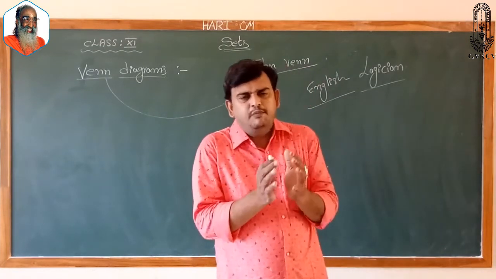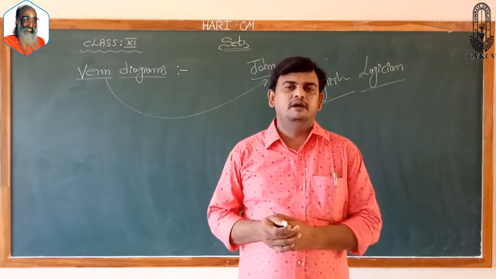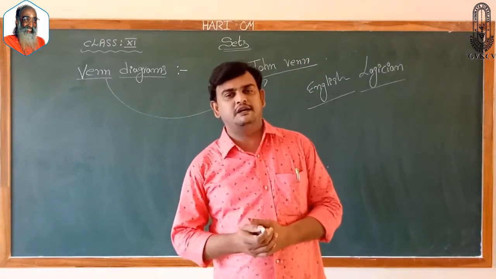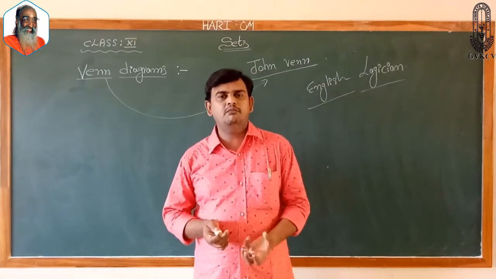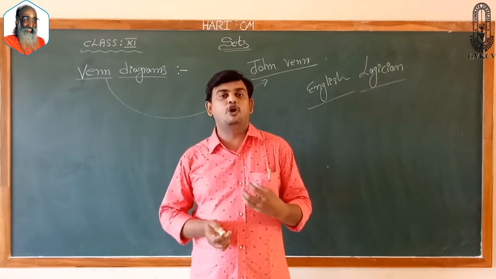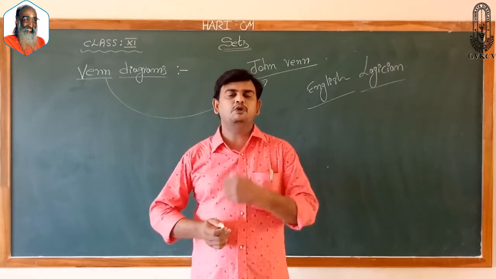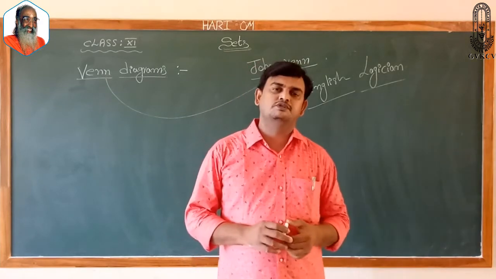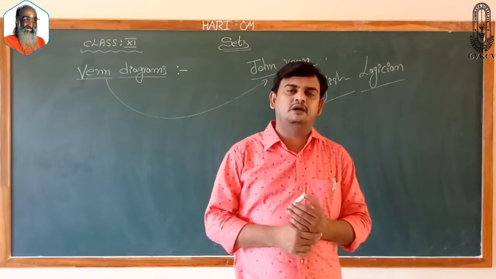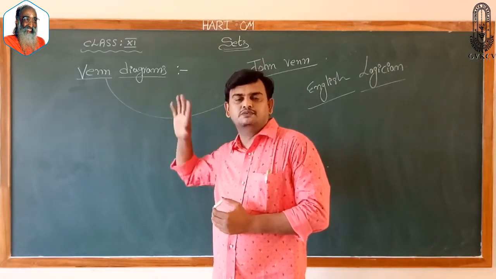When we are able to represent the sets in the form of diagrams, it is very easy to understand for us. As a student, we can remember the information for a long time, and it is very easy to represent the sets in the form of diagrams. So to understand that concept, John Venn has introduced the diagrams.